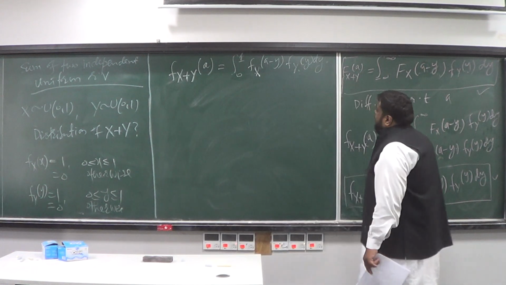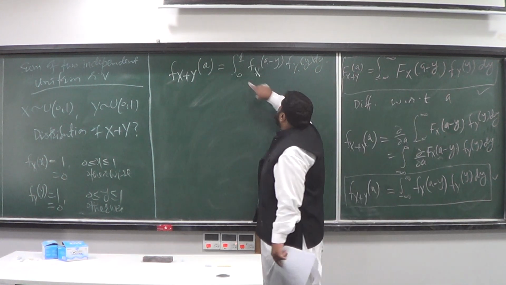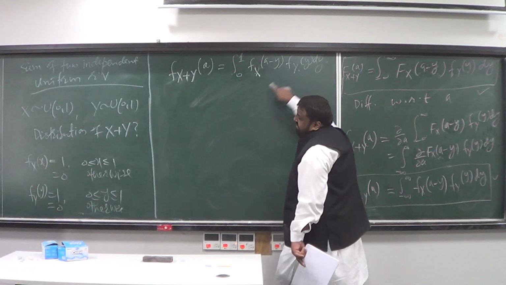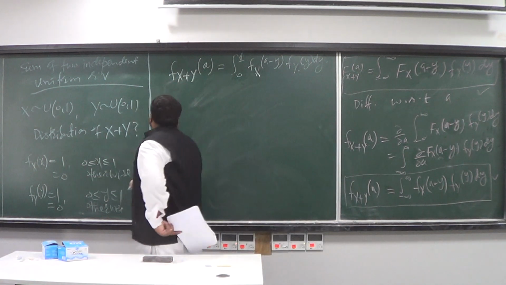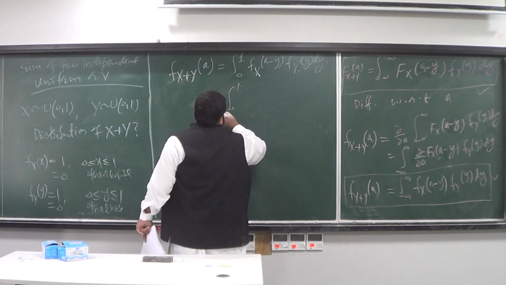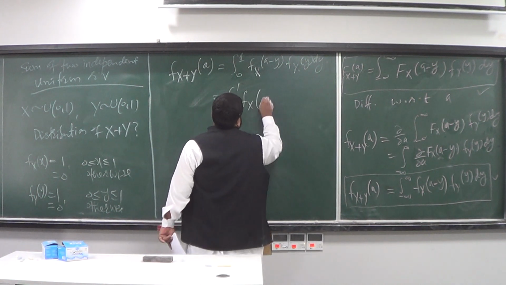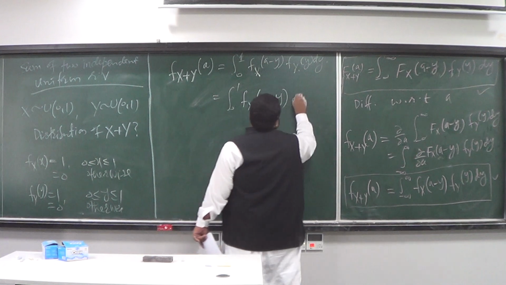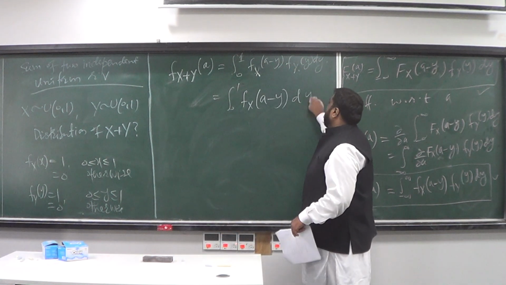If your y is between 0 and 1, what can I say about fy of y? The fy of y is 1. So it is going to be the integral from 0 to 1 of fx of a minus y, dy.